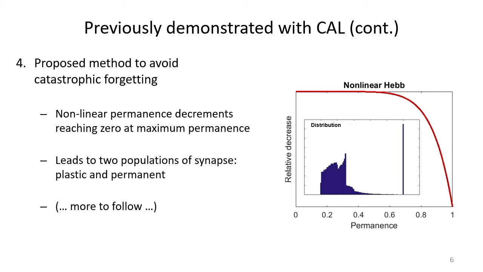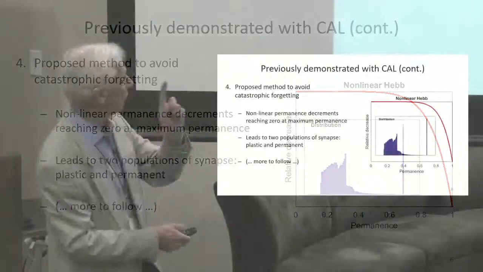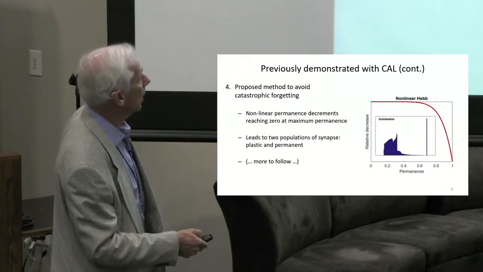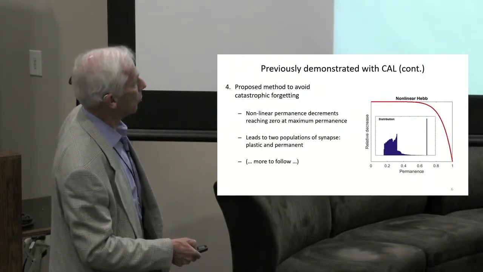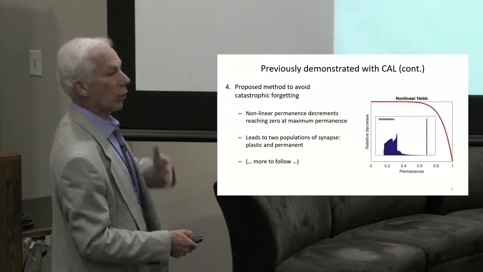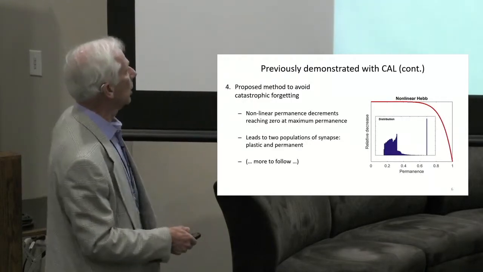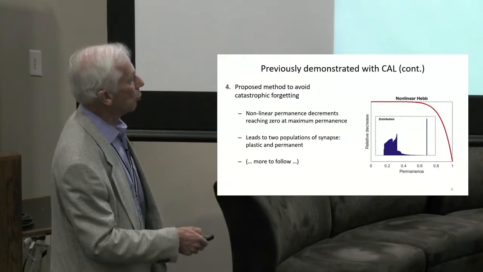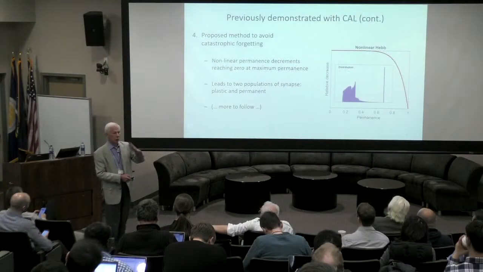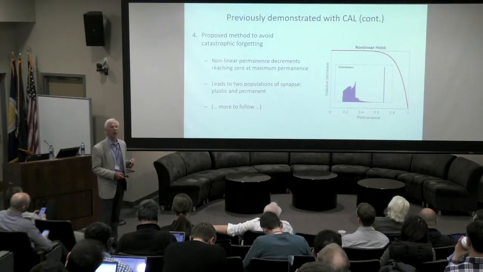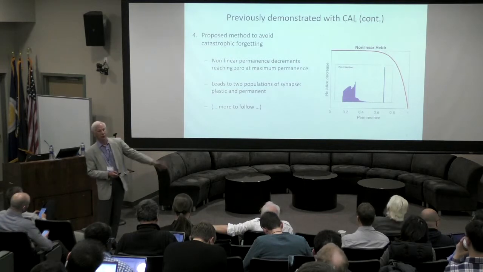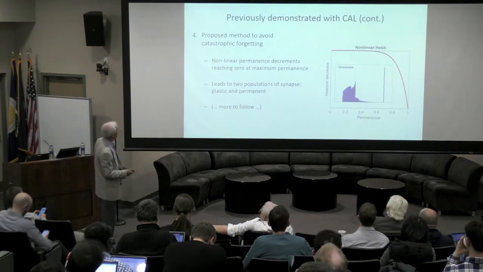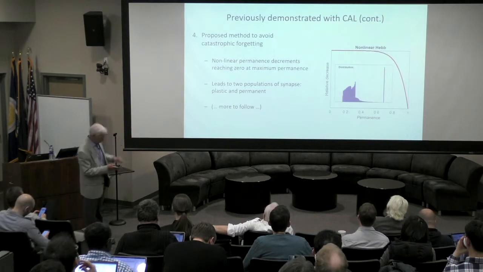So this is a relative decrement, such that by the time you get to maximum weight or maximum permanence, and I'm going to use them interchangeably for the time being, by the time you get to maximum permanence, there are no decrements anymore. Therefore, at permanence 1, you start to establish a population of tenured synapses. They're in their place forever. So I'll come back to this.